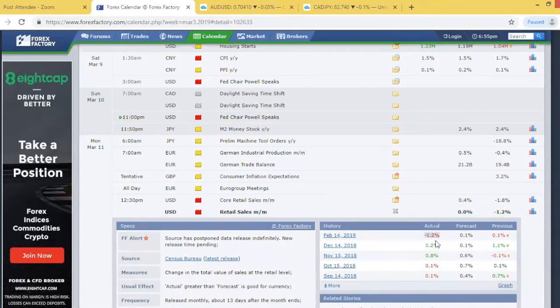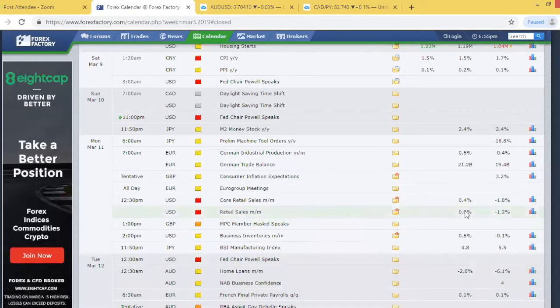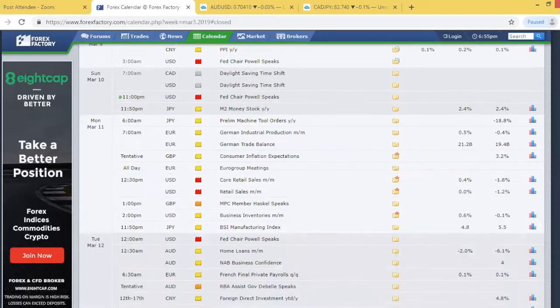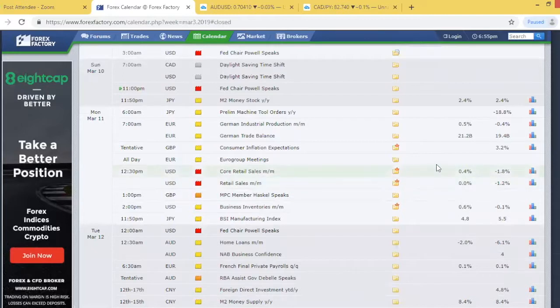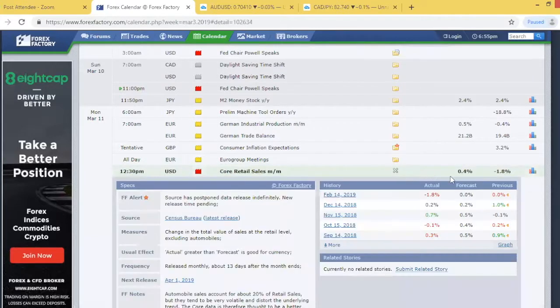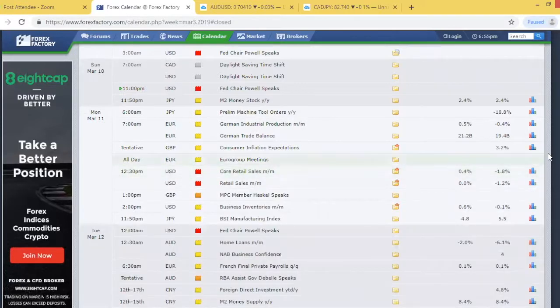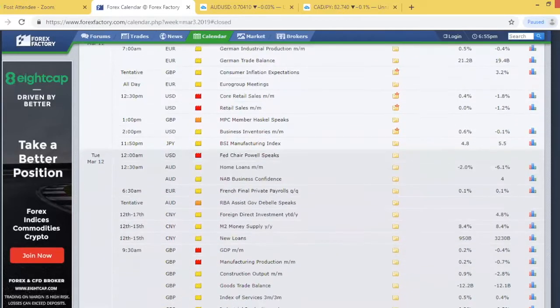We haven't seen figures like this within retail sales and core retail sales for some time. So we are expected to see those figures start to normalize and go back up to previous levels of expectation around that 0.4% expectation.